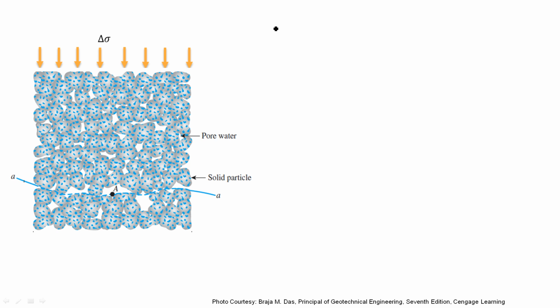The first component is carried by pore water, which is present in the continuous void and is called pore water pressure, and the remaining part of the stress is taken by the solid particles at their points of contact and is called effective stress.